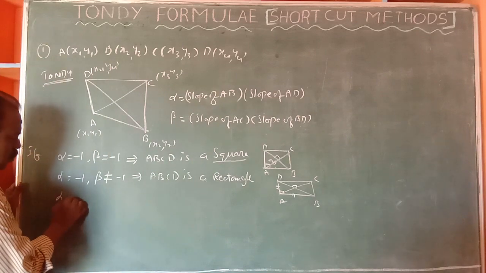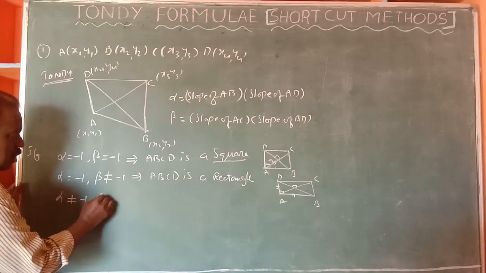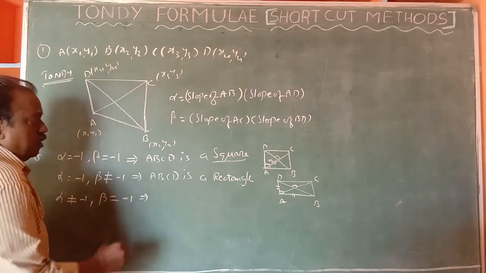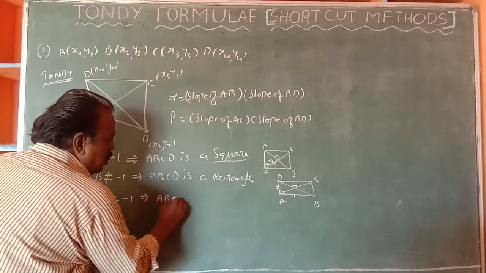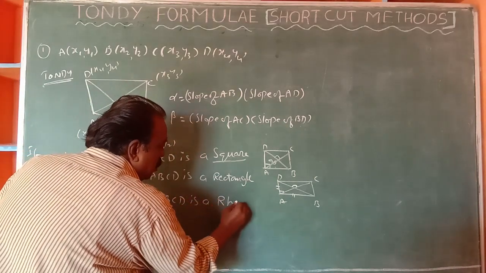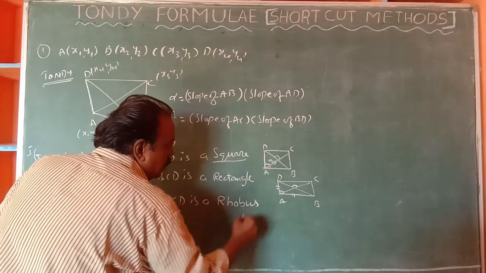If alpha is not equal to minus 1 but beta is equal to minus 1, then ABCD is a rhombus. Why?